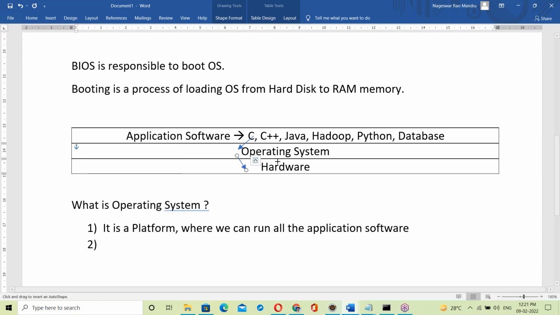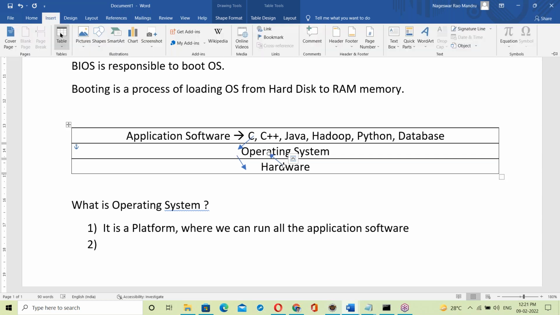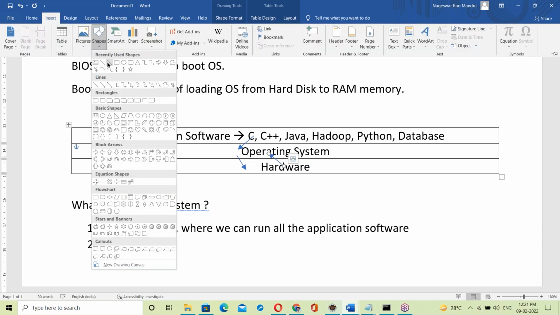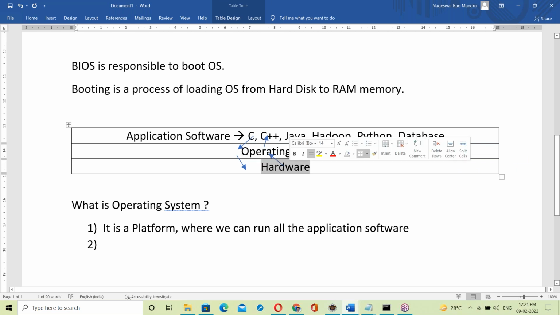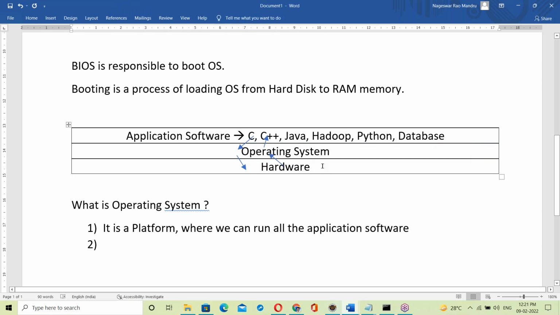That keyboard data first goes to the OS, and then is transferred to your C program or Java, Hadoop, something like this. The output of all the programs goes to the OS and then to the output device. Similarly, keyboard input data goes to the OS first and then is transferred to these programs.